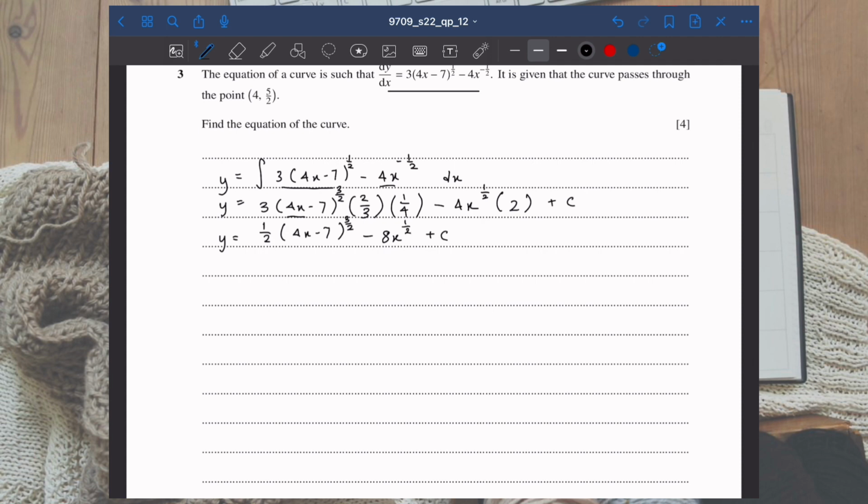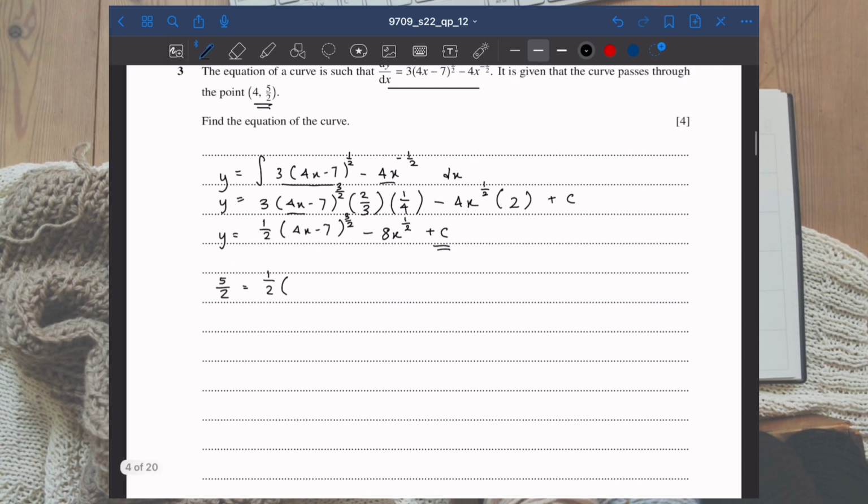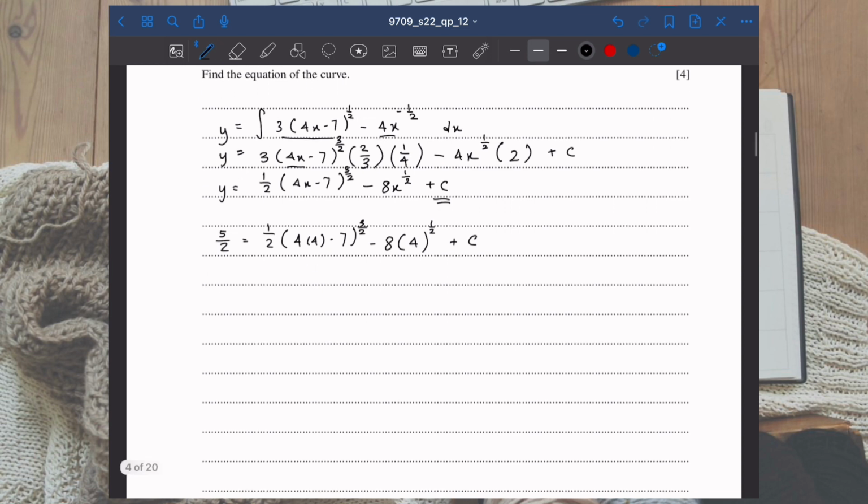So to find our c, we can substitute in our given coordinates. So our y is 5 over 2, our x is 4. (4 minus 7) power 3 over 2 minus 8, 4 power half, plus c. So simplifying each term, we get 27 over 2.